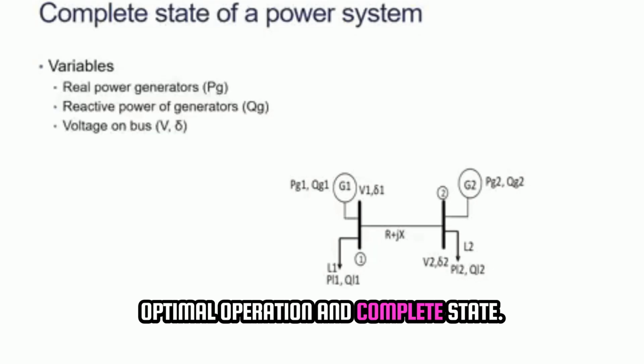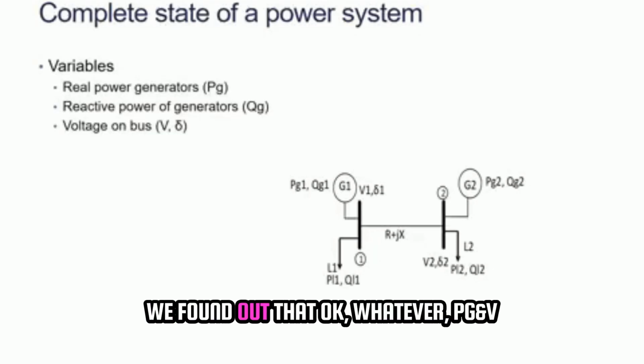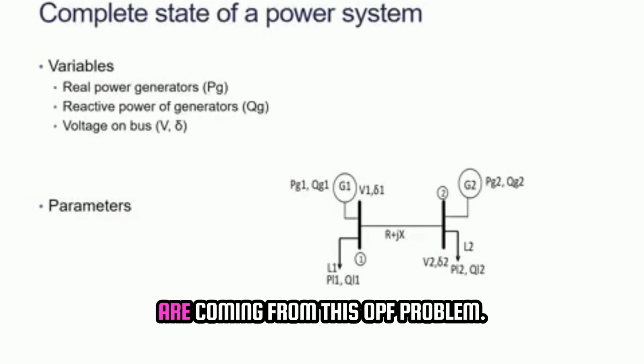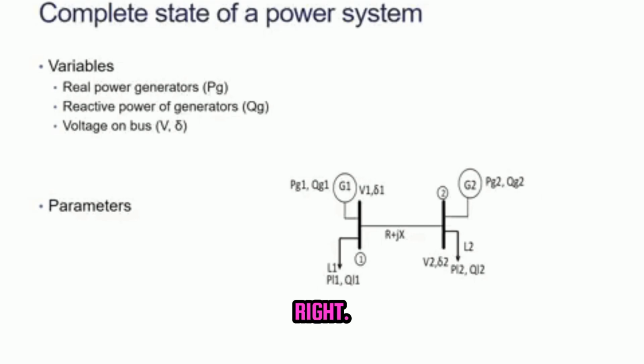And in complete state, we found out that whatever PG and V set points we give in power flows are coming from this OPF problem. So the output of the OPF is actually the input of the load flow problems, right?